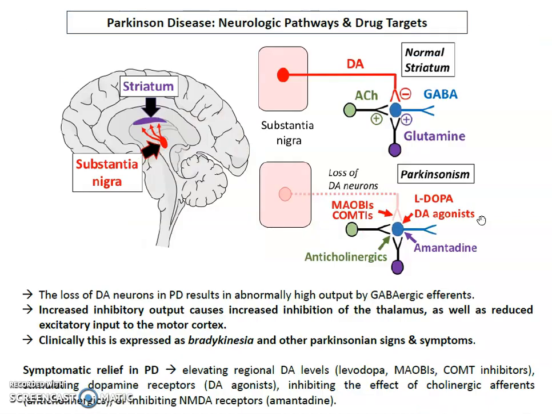Now coming to Parkinson disease as a neurological pathway drug target. Here is the schema of a brain in which we have the prefrontal cortex, the occipital cortex, the parietal cortex, and the temporal cortex, and here is the cerebellum.